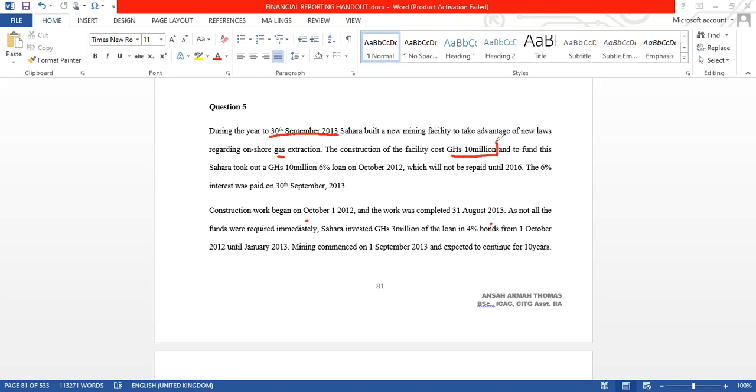You need to take a note of this. And to fund it, Sahara took a 10 million, okay, 6% loan note, which will not be repaid until 2016. 6% interest was paid. Okay, so there is an interest that has actually been paid on this date.